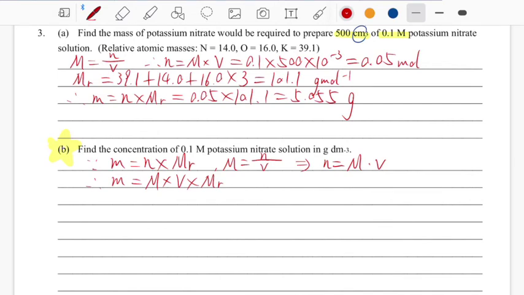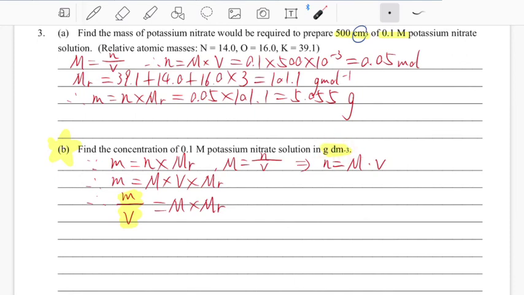If we rearrange this equation a little bit, we move this volume to the left hand side. It will become mass over volume equals molarity multiplied by Mr. On the left hand side, this part is what we are looking for, the concentration in terms of gram per dm cube.